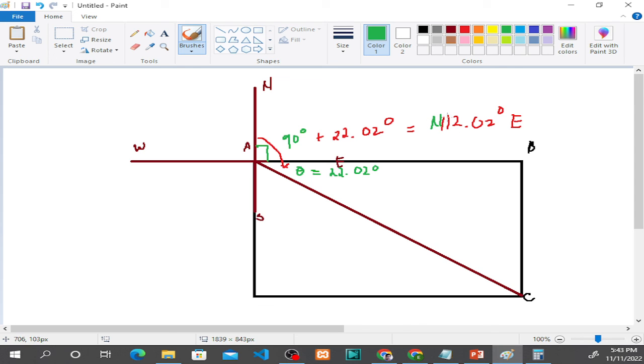Okay, so this information is what we call the bearing. So you have 112 degrees. You move 112 degrees east of north.